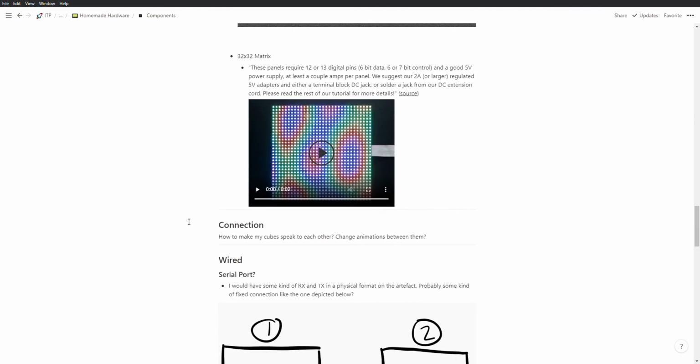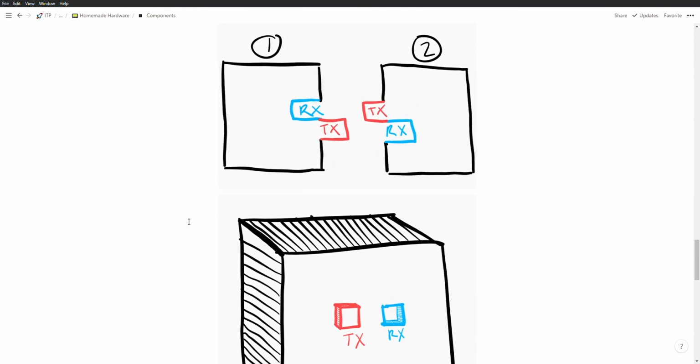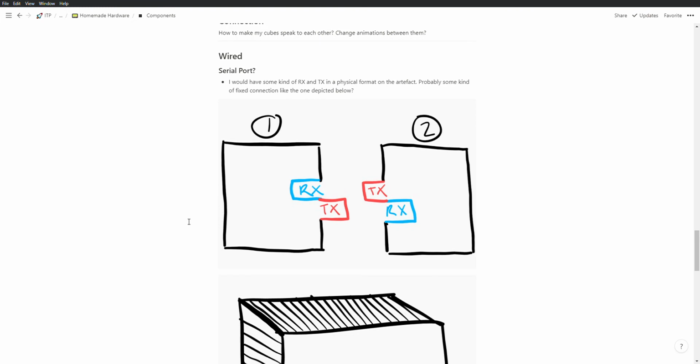To connect them, I thought about a serial connection, thinking back to this tangible and serial connection thing where the cubes would talk with each other and exchange content. It would be like collecting someone else's art, I guess, because it's totally dependent on what happened to that person during the day.